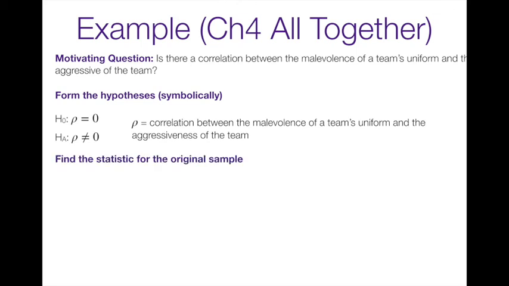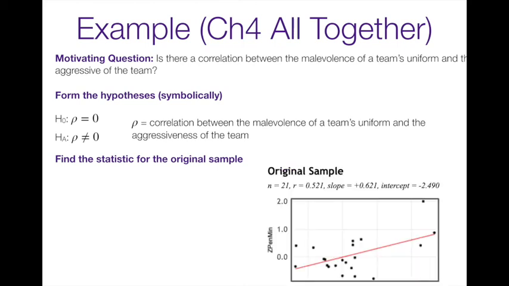Next up, we need to find the statistic from the original sample. So here's a graph from StatKey. This is a screenshot of some StatKey output. We see that the sample size was 21. There were 21 teams. r is 0.521 between malevolence score on the x and penalties in minutes on the y, or the z-score for penalties anyway.